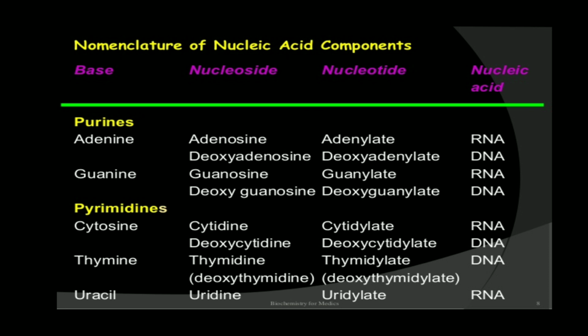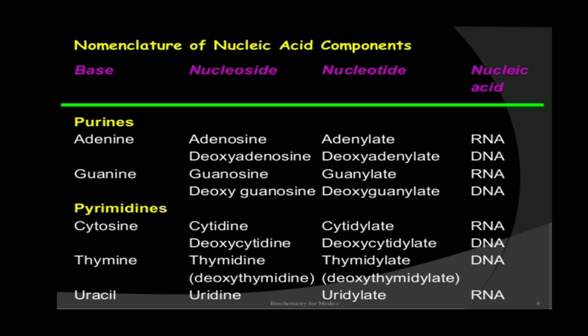Deoxyadenosine, when it doesn't have the phosphate group, is called deoxyadenosine, and when the phosphate group attaches, it becomes deoxyadenylate, and it's found in the DNA.